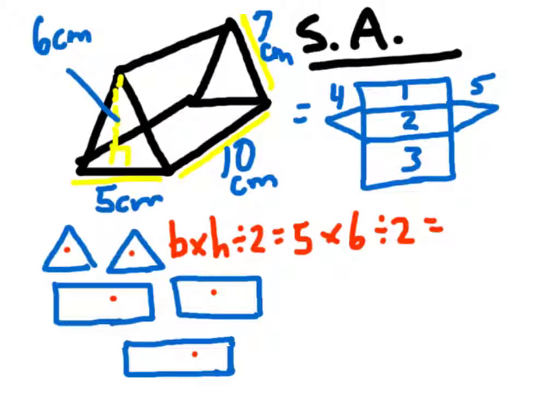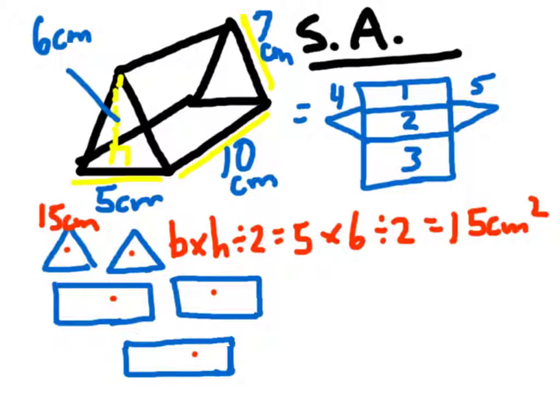That gives us 15 centimeters squared. The other triangle is congruent, so it has the exact same dimensions and is also 15 centimeters. So both triangles are 15 centimeters.